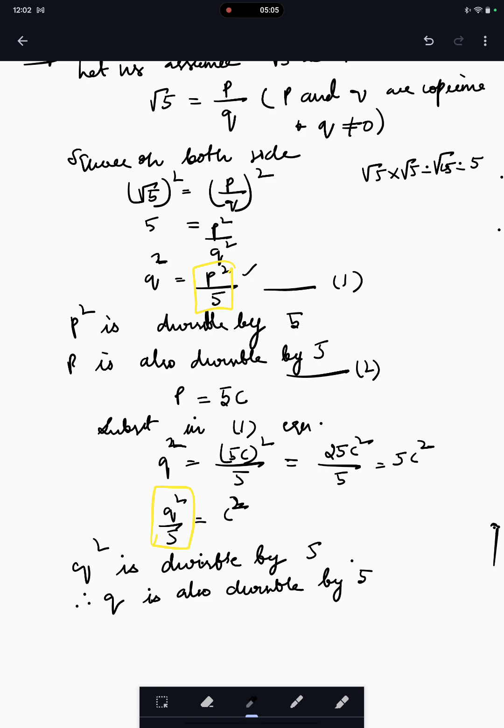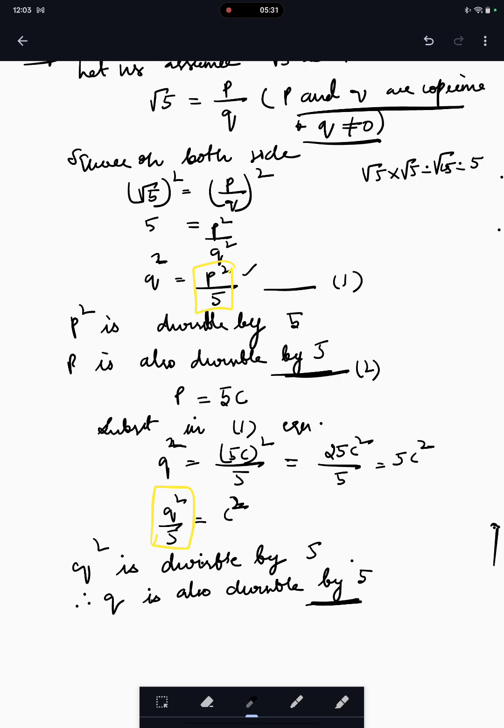So before I told you root 5 is equal to P by Q, and P and Q are co-prime. What is co-prime? There is no common factor other than 1. So P and Q should have only 1 as the common factor. They should not have any other common number. But here, Q is divisible by 5 and P is divisible by 5.